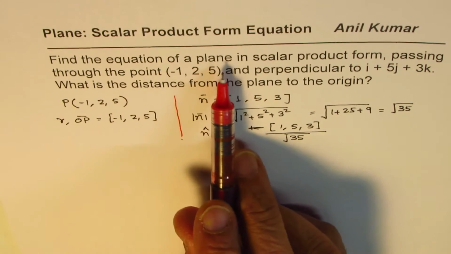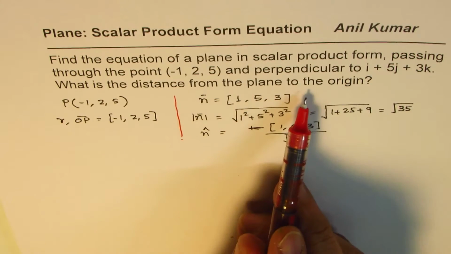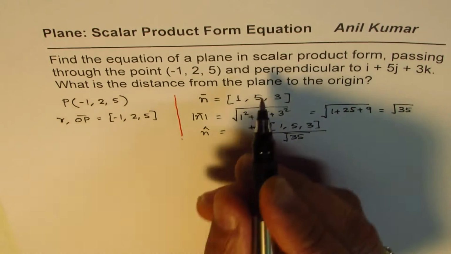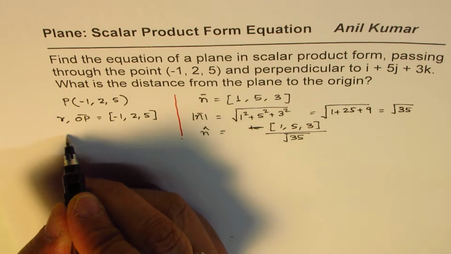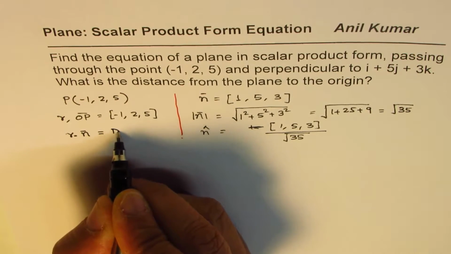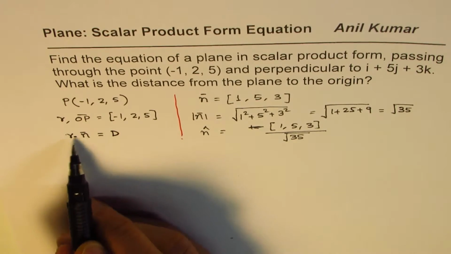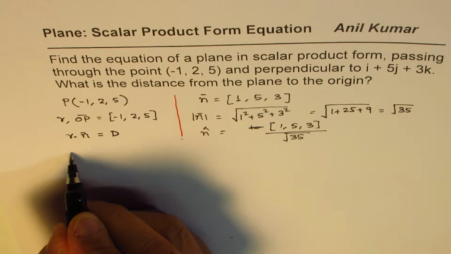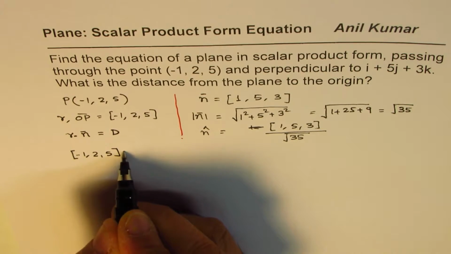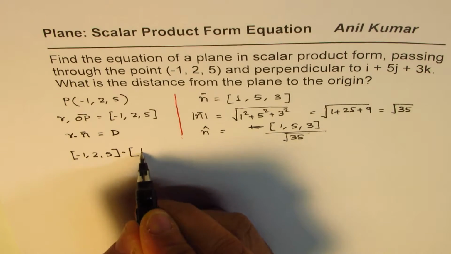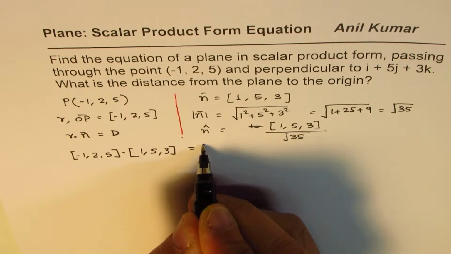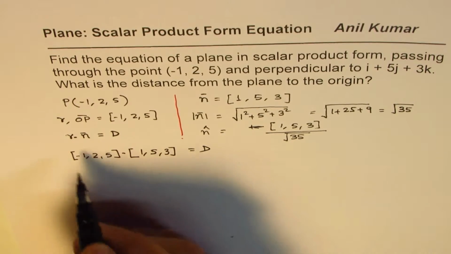So first we need to find the equation of the plane and then the distance from the origin. Now the equation of the plane is r dot n equals d. Now r is the position vector which is given to us. So we write (-1, 2, 5) dot n, which is (1, 5, 3), and this is equal to capital D. Let's find this capital D.